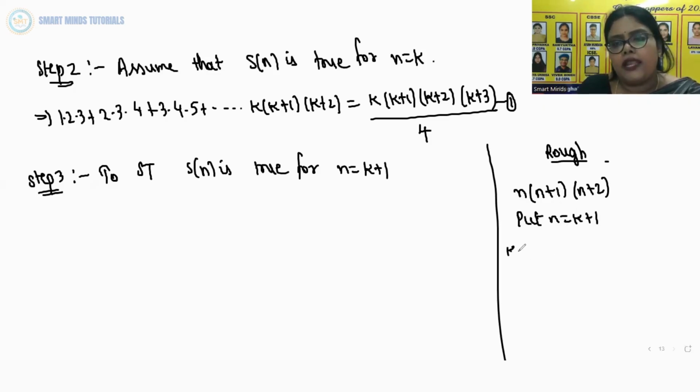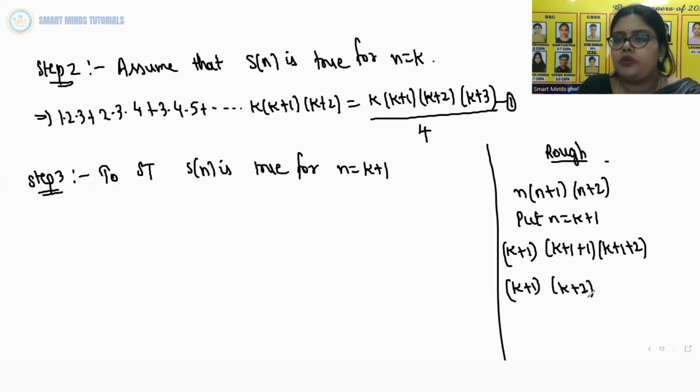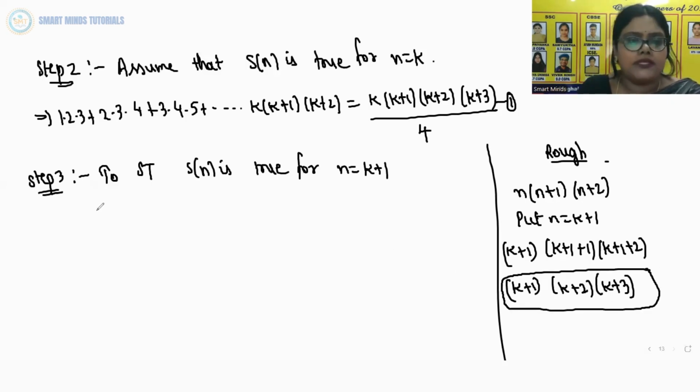So you will get k plus 1 into n is k plus 1 then plus 1. Then n is k plus 1 then plus 2. So k plus 1 into k plus 2 into k plus 3. Now this is the term with which we are going to add on both sides.